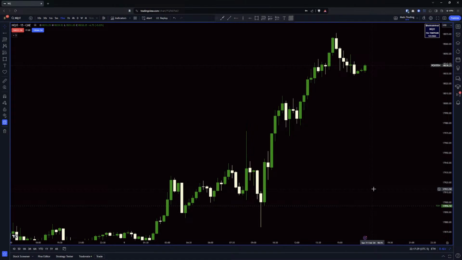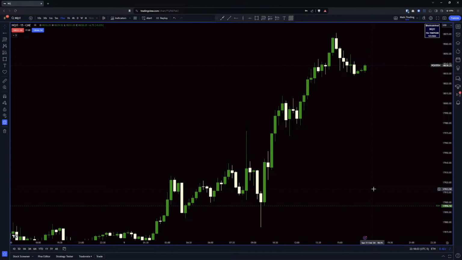Now, there's only two stages of the power of three that I believe can be measured, but we'll check and see. For the accumulation phase, I'll see if there's any way to measure that, because that would be pretty interesting as well. But as far as I know right now, you definitely can measure the last two phases, the manipulation phase and the distribution phase.